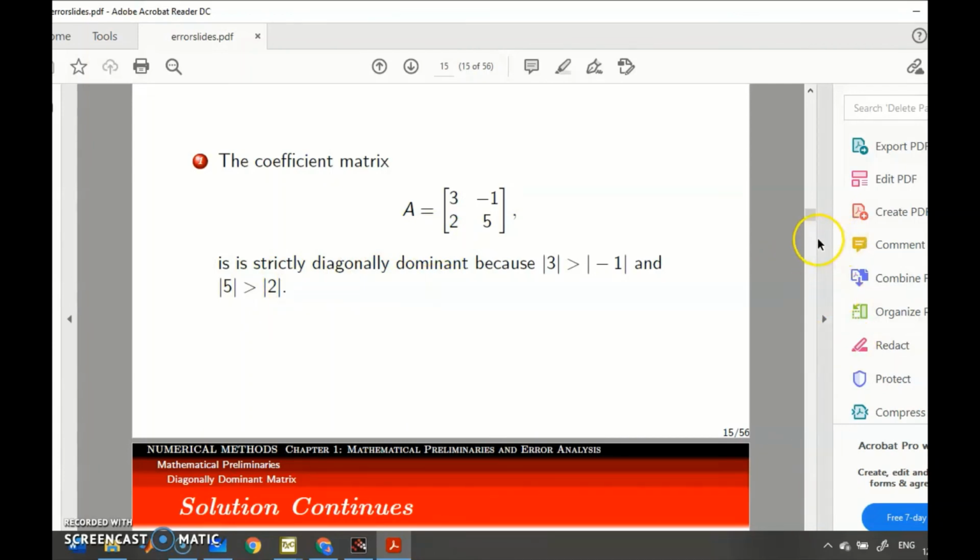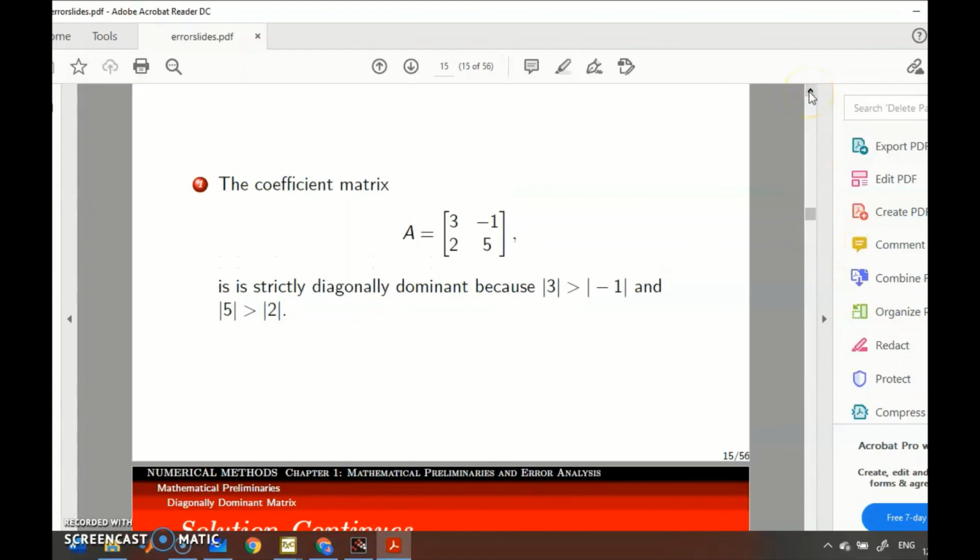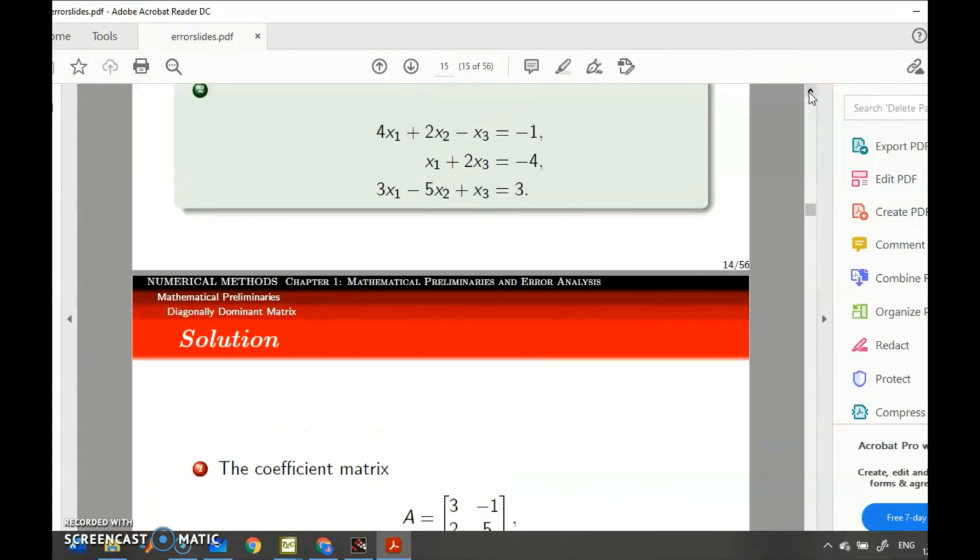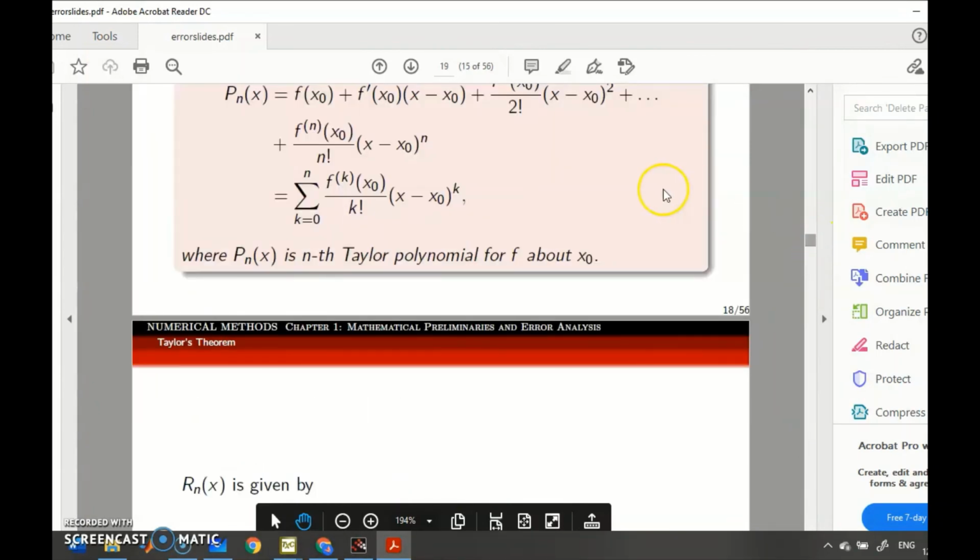Okay, now for the other problem just now, it gives 4, 2, negative 1, 1, 0, 2, 3, negative 5, 1. Okay, that's in the matrix form.